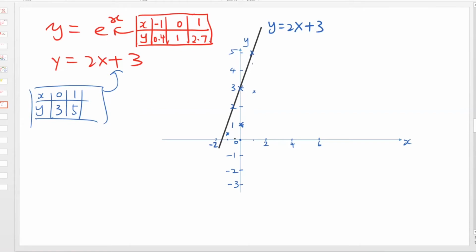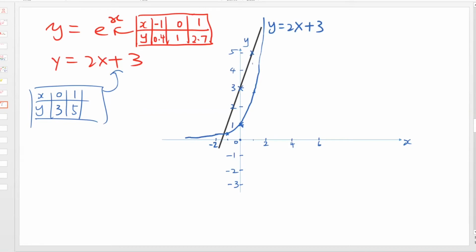Basically what you will get is a curve. This curve, you realize it will go very, very close to zero, but never touch zero.